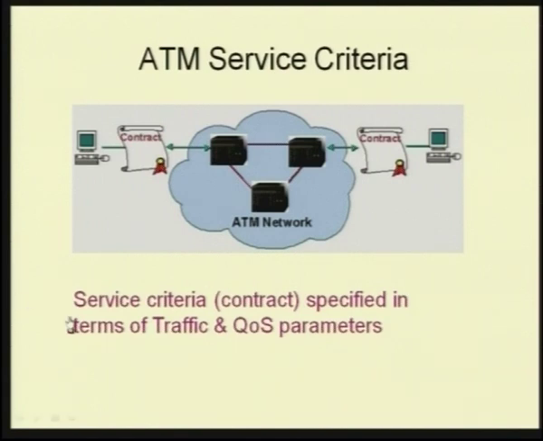So, ATM also provides this service criteria and tells you how this contract can be designed. The service criteria as such is specified in terms of traffic and QoS parameters. We have traffic parameters that will have to be specified, and then we have quality of service parameters that have to be specified. Both these traffic and quality of service parameters, remember, are part of the control plane of the data transfer. That is, they control how the data will actually be transferred by the network.